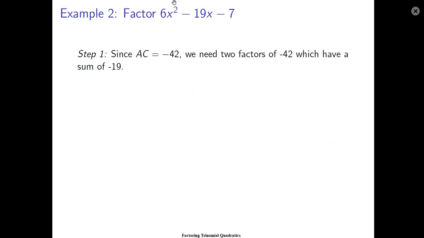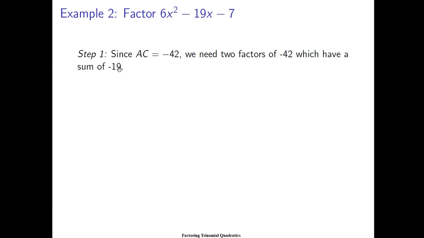We'll do one more example of this factoring. So for 6x squared minus 19x minus 7, this expression has some negatives. When we find AC, we see that we have 6 times negative 7, which gives us a product of negative 42. So we need two factors of negative 42, which have a sum of our middle term, negative 19.